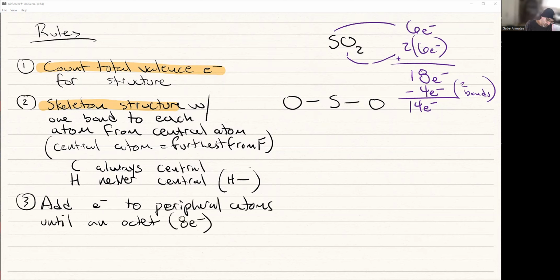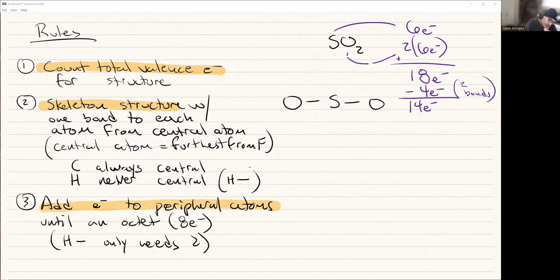So we're going to add electrons to the peripheral atoms until we have 8. Again, the exception to this is hydrogen. Hydrogen only needs 2, it just needs 1 bond. That's all hydrogen needs. Okay. All right. So add electrons to the peripheral atoms.